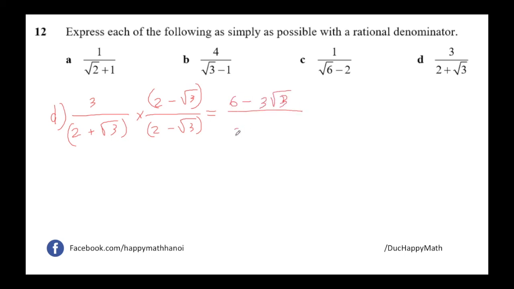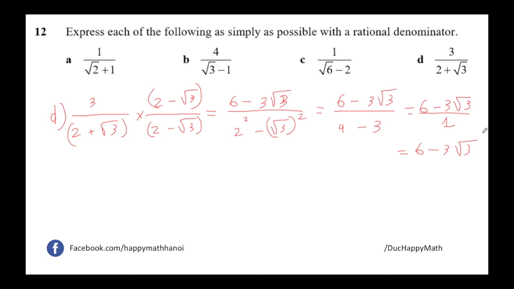In the denominator, you get 2 square minus square root of 3 square, which is 4 minus 3, so you get 1. So over 1 it is 6 minus 3 square root of 3. Okay, that's what I call the conjunction.